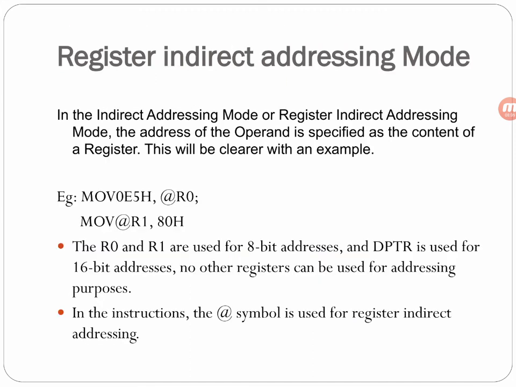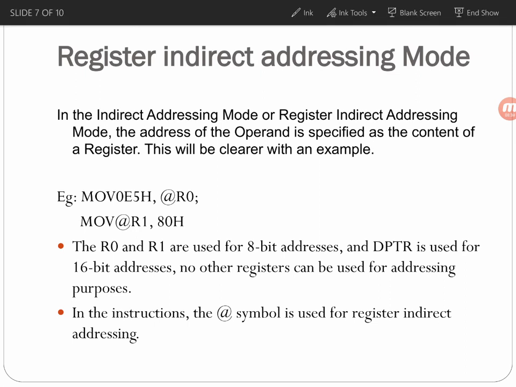Register indirect addressing mode. In this register indirect addressing mode, the address of the operand is specified as the content of a register. Meaning, the data is placed in a memory location, the address of the memory location is placed in the register, and the name of the register is part of the instruction.